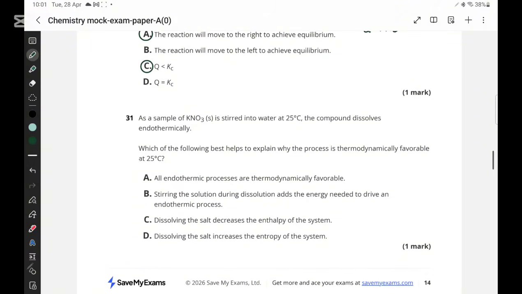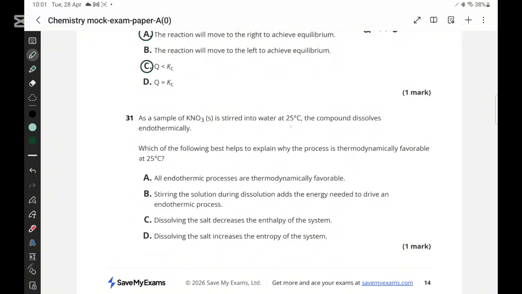31. As a sample of KNO3 is stirred into water at 25 degrees Celsius, the compound dissolves endothermically. Which of the following best helps to explain why the process is thermodynamically favorable at 25 degrees Celsius?